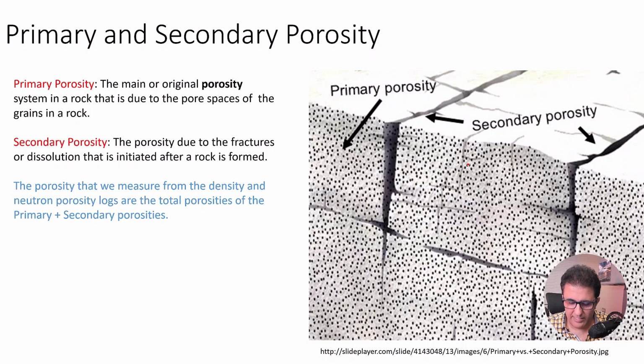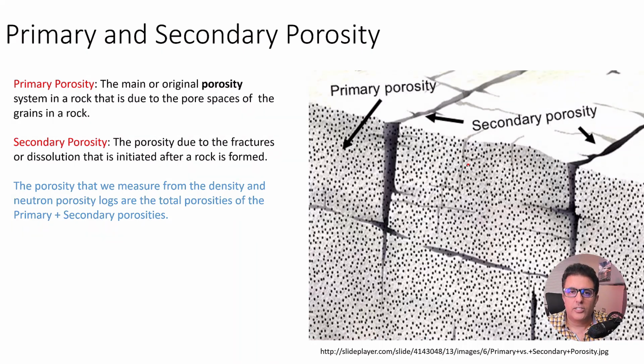In order to answer this question, let me talk about the porosity itself. When we talk about the porosity of the rock, the porosity can be divided into two parts. The first part is the primary porosity. The primary porosity of the rock is the porosity of the rock when it forms, so it refers to the space between the grains. And then we have secondary porosity that comes from fractures.